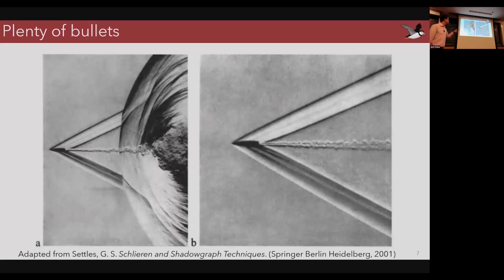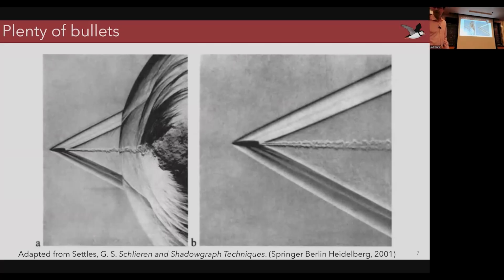The thing to remember is, if you end up in a regime where you have caustics and strong deflections of your rays, you may end up in a regime where the rays don't go through your first optic. They may be deflected out of the collection volume of your first optic, and then they would just show up as dark regions. So you can also have overlaid with the shadowgraphy effects what are effectively Schlieren type effects, where we are rejecting rays by their angle, but that's just due to the physical size of the optics we use. I don't know if that's the case here, but it does complicate the interpretation further.